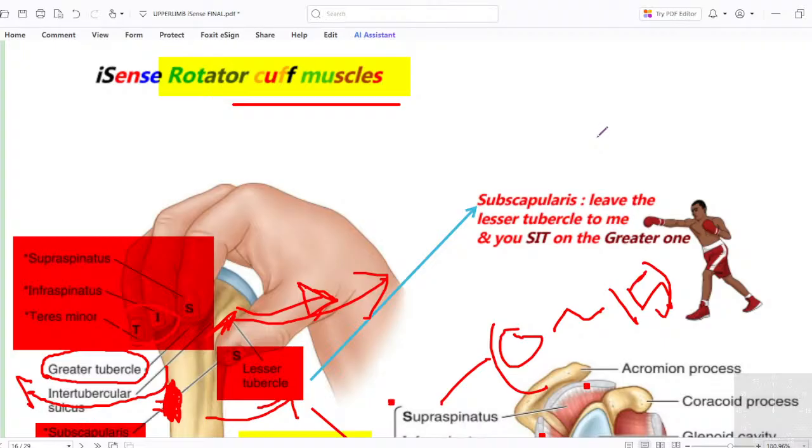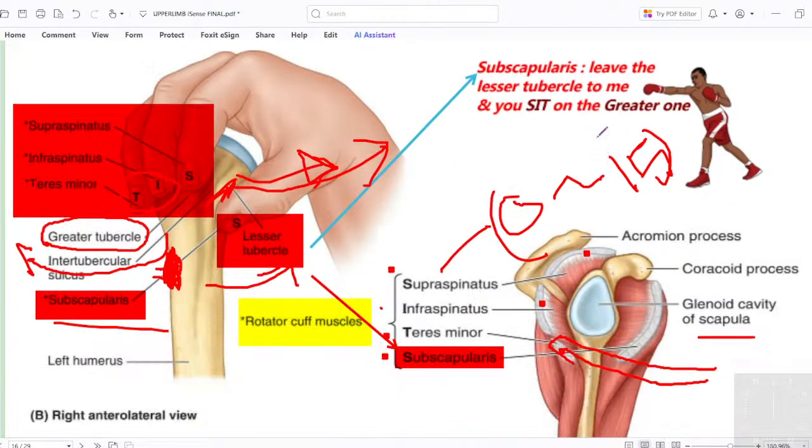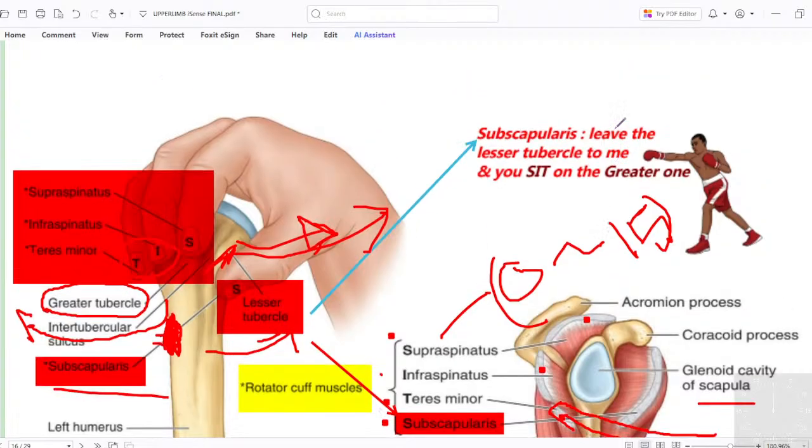Now, rotator cuff muscle. These all are part B questions. We can remember very simply: SITS.